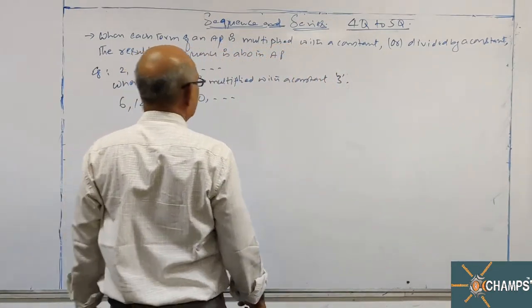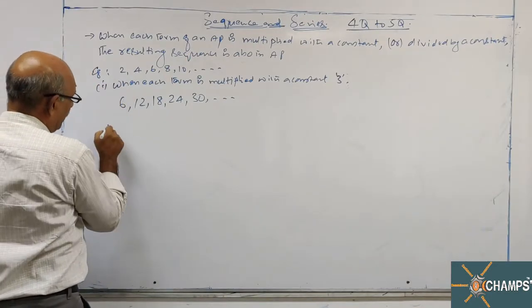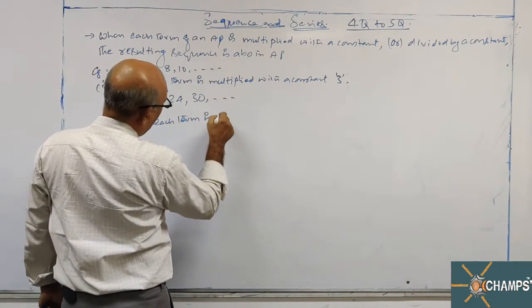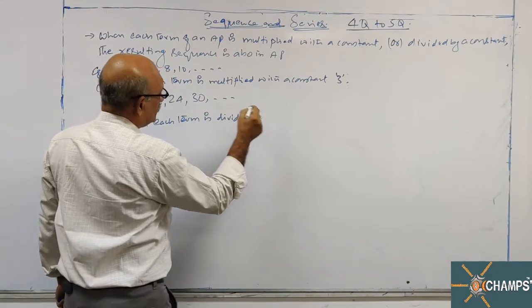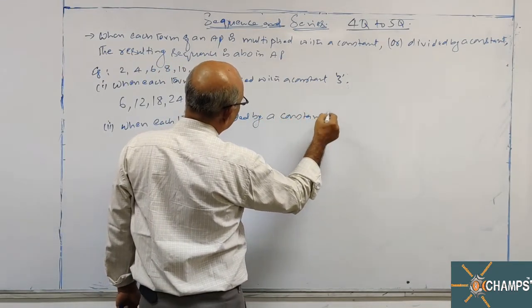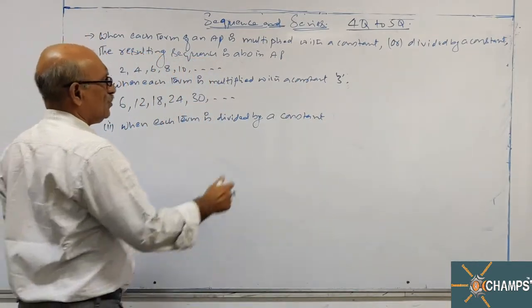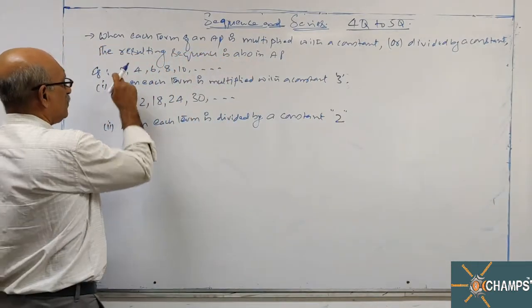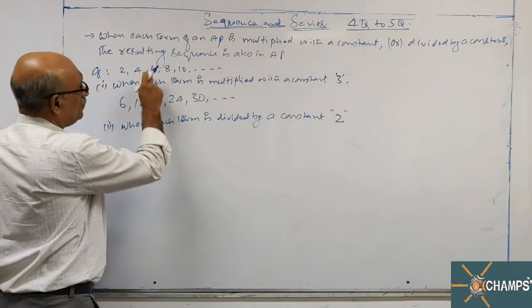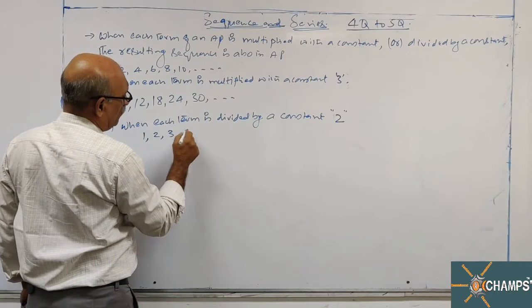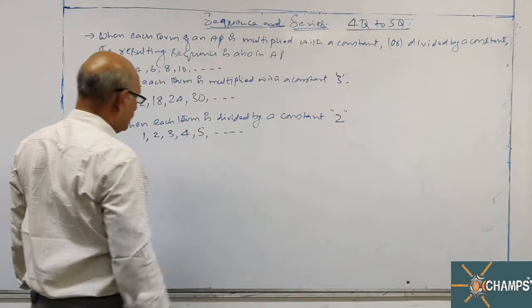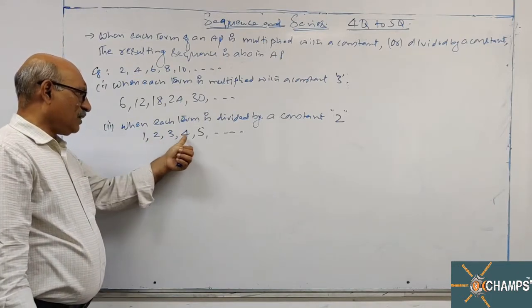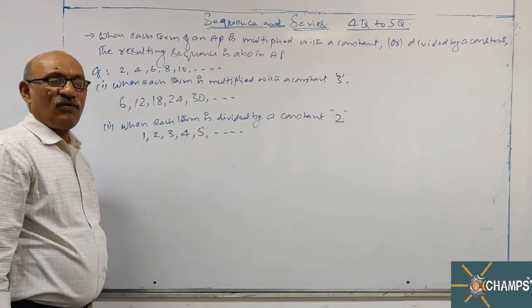Now, let us see the second point here. When each term is divided by a constant 2: 2 by 2 is 1, 4 by 2 is 2, 6 by 2 is 3, 8 by 2 is 4, 10 by 2 is 5, etc. This is the new sequence obtained. 2 minus 1 is 1, 3 minus 2 is 1, 4 minus 3 is 1, 5 minus 4 is 1.